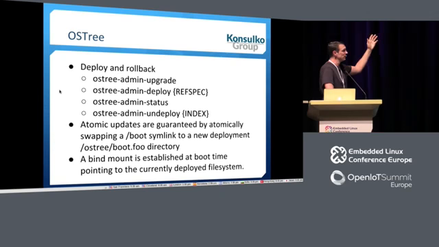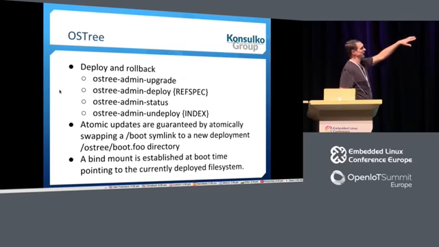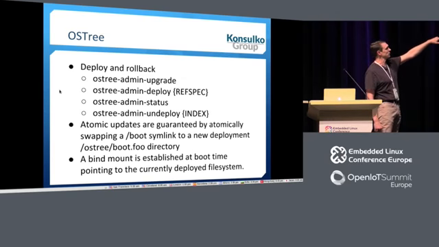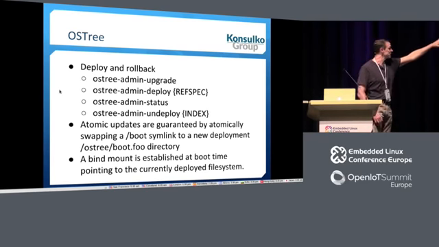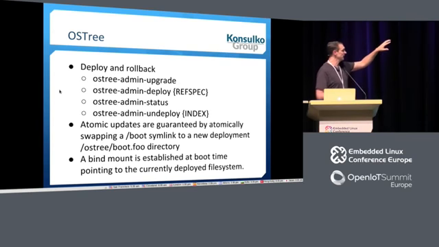It's all built in to OSTree in their HTTP transport. Once you've upgraded, you can also do a specific deploy. So I want to deploy a specific ref spec, right? You just refer to it by the SHA-256 hash and deploy that out.